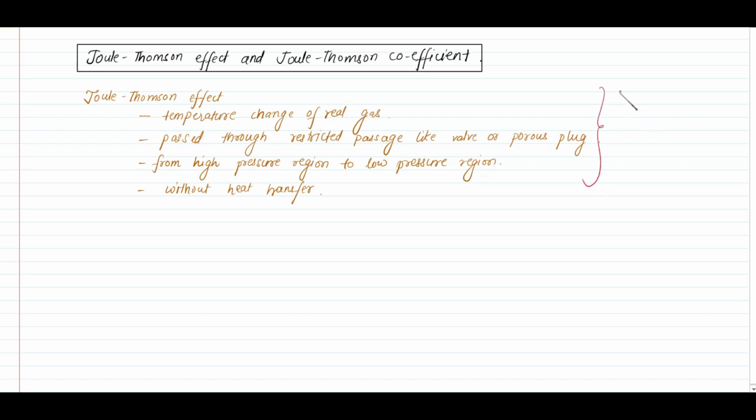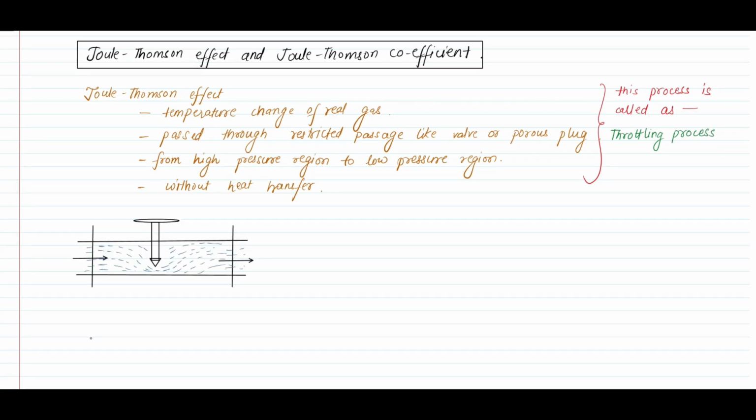So, dear, recall the definition of throttling process. Throttling process also means the same. It is the restriction in the path of the flow. To understand throttling process in a better way, this is a diagram I have made. This is the throttle valve which is moving up and down to restrict the flow.